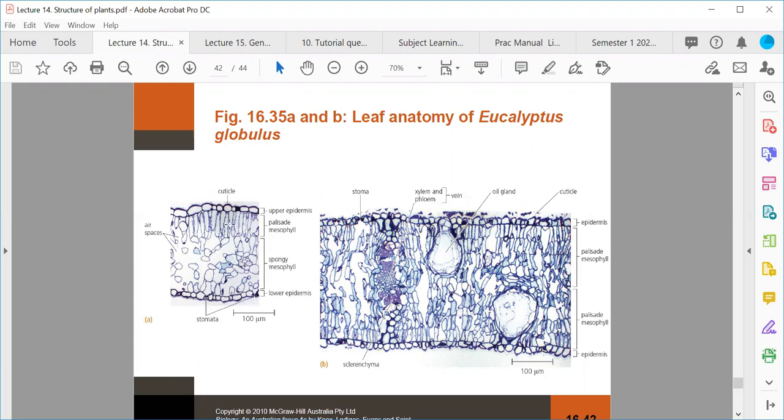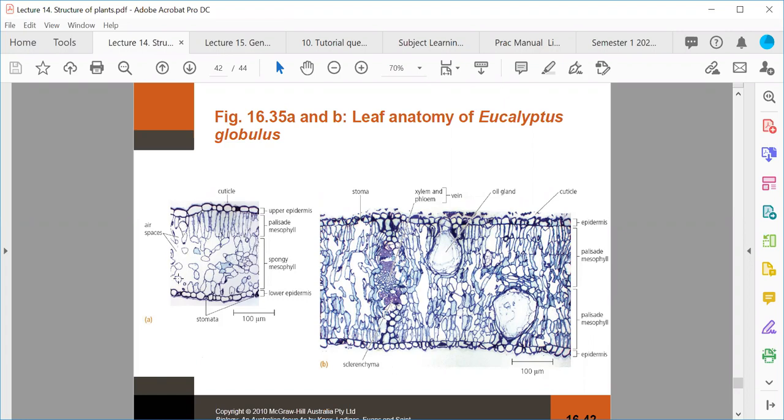All right, if we look at the mesophyll cells within the actual leaf, we can see that there are two major types of cells. So these ones up here, they're closely packed together, these very long mesophyll cells. They're called palisade mesophyll cells. They're all photosynthetic cells.